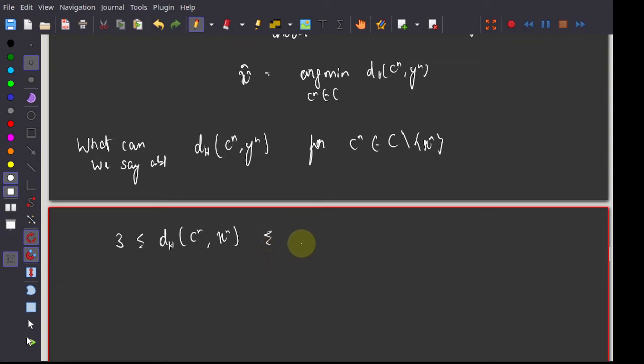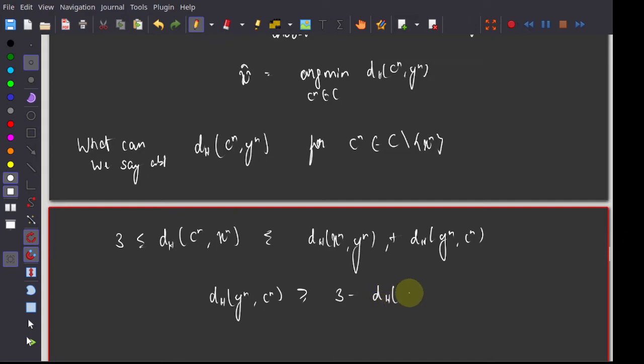Plus the Hamming distance between the other terms, you know that this is at most, or in other words, it is greater than or equal to 3 minus the Hamming distance between xn and yn.